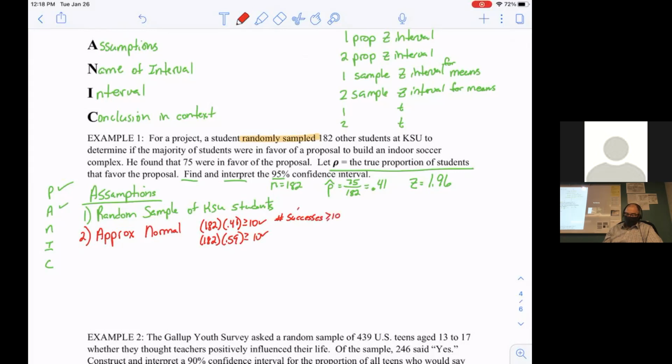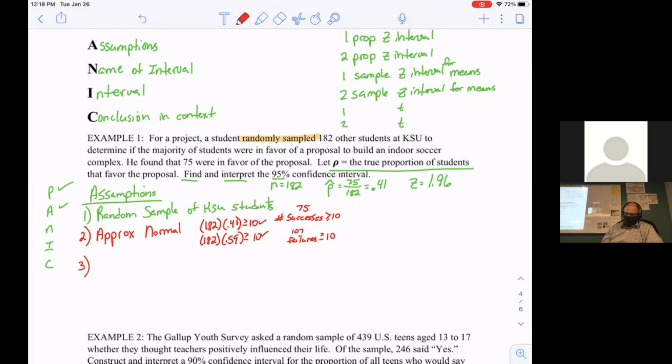It's because there were 75 successes. And that means that we had, what, 107 failures? Okay, you could have just said that, okay? We don't always have to go to n times p, not all the time. If we have successes and failures, we can just write it in terms of successes and failures because those are the same two things, okay?